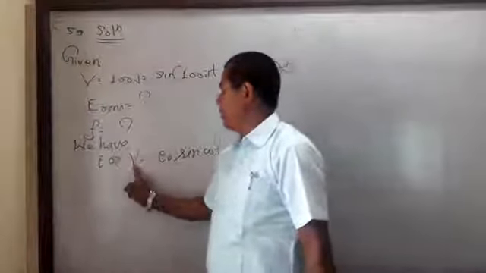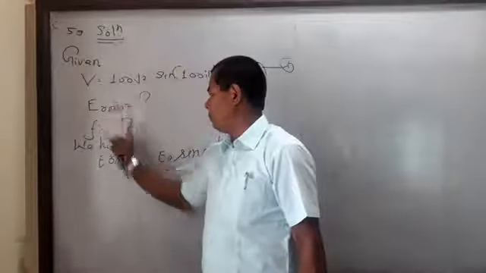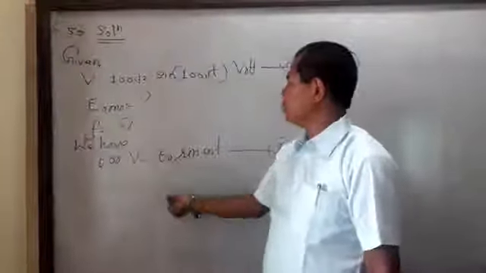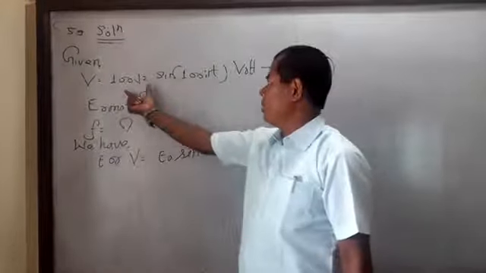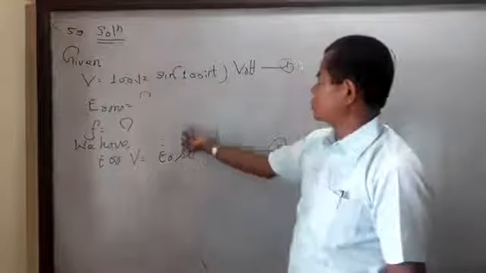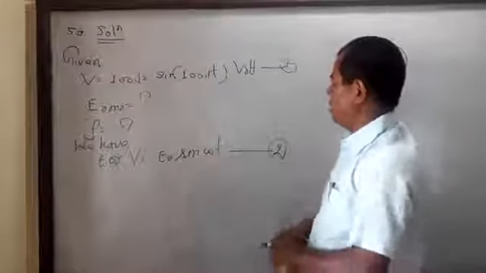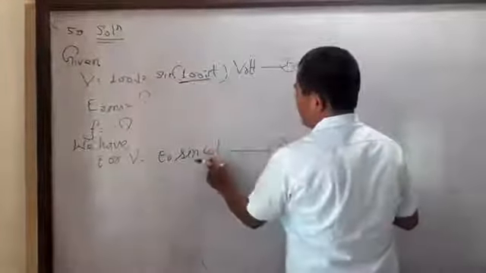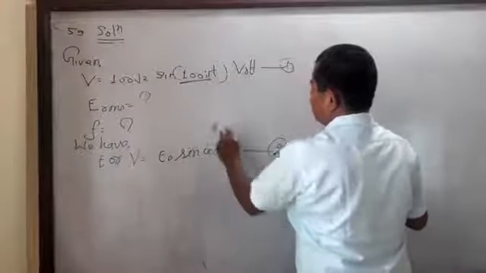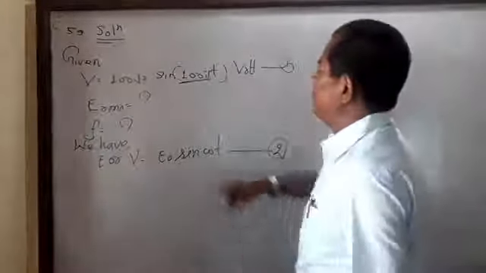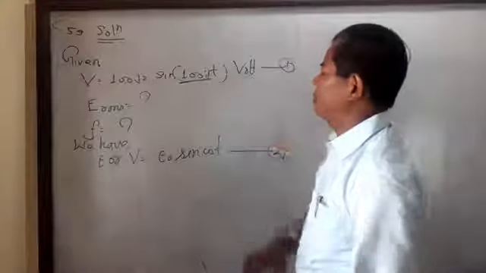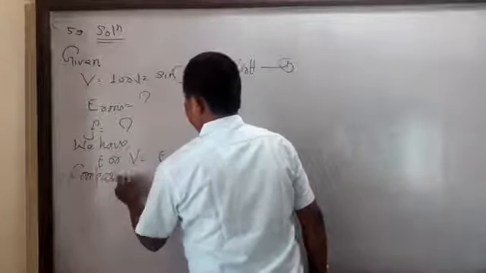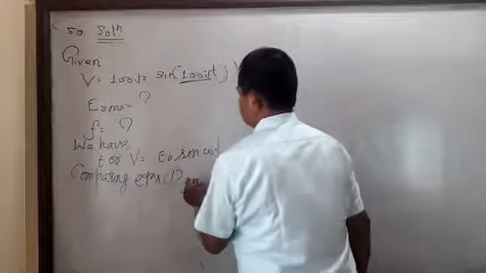On the left hand side is E or V. On the right hand side, instead of peak voltage E naught or V naught we have 100 root 2, sine is sine, and instead of omega here is 100 pi, and t is the same.